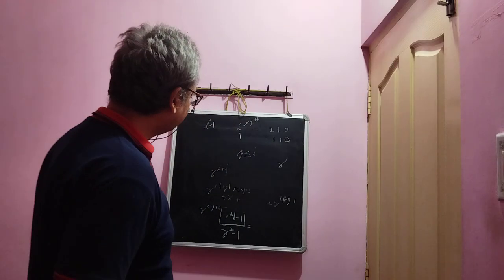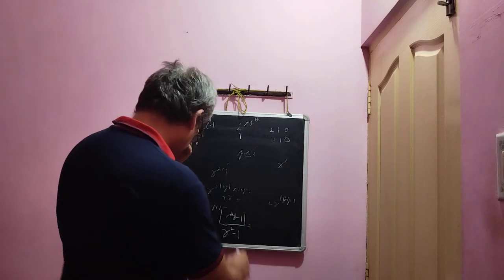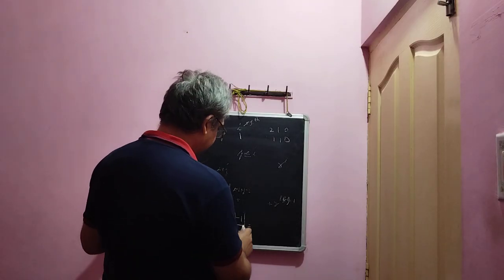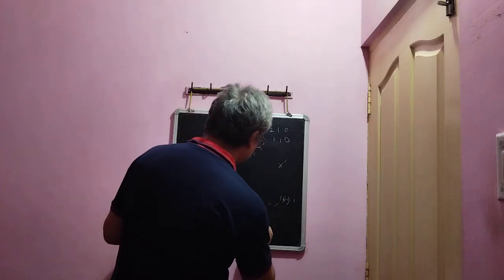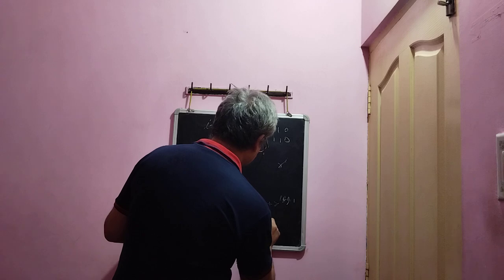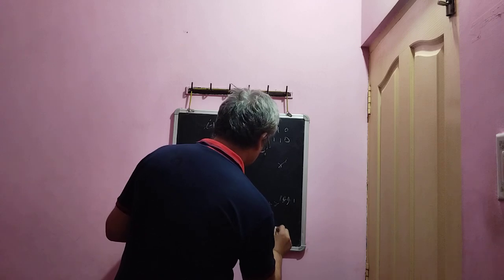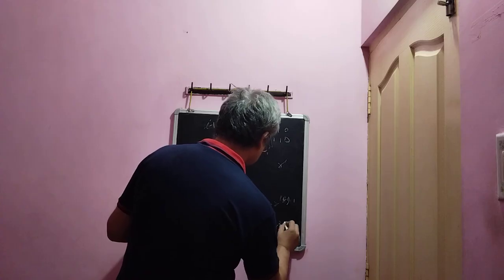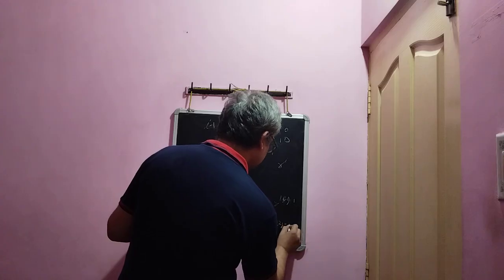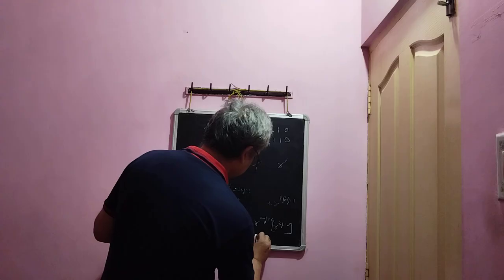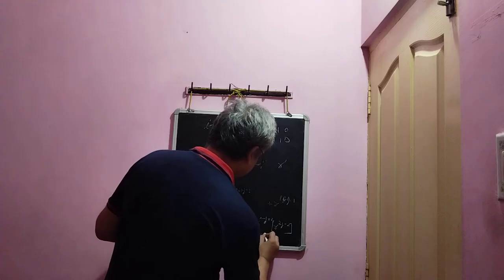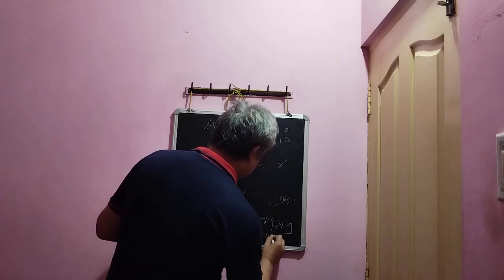If I ignore the ratio, this sum will pretty much be close to r power i minus j plus 2 into r power 2j minus 2, which is nearly equal to r power i minus j plus 2 plus 2j minus 2.